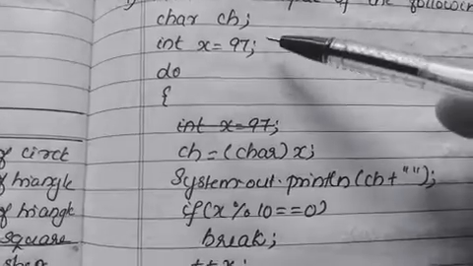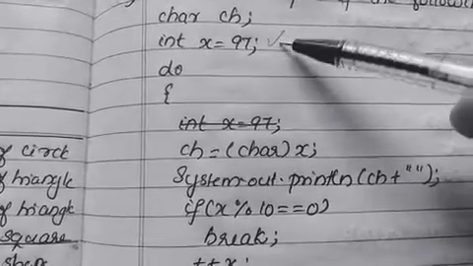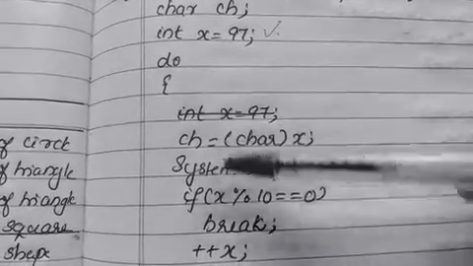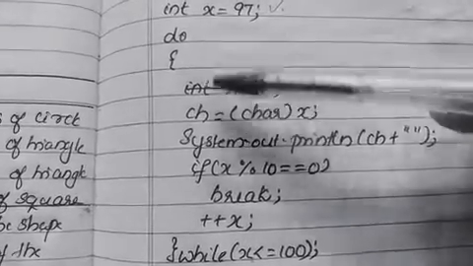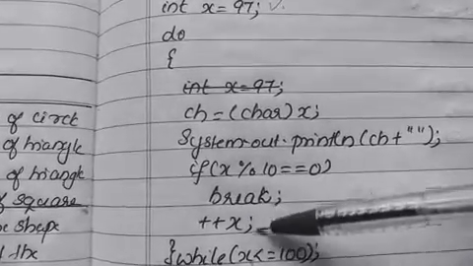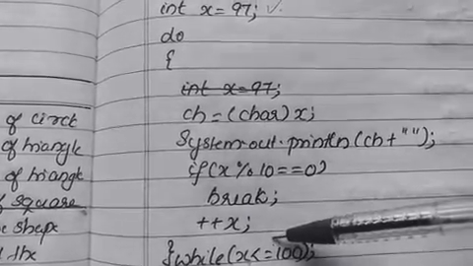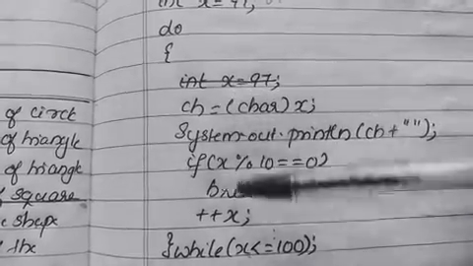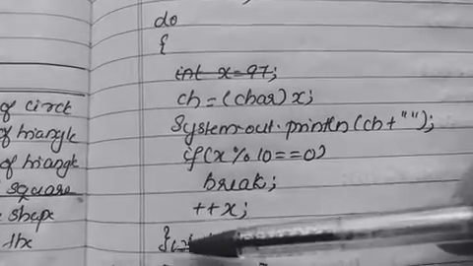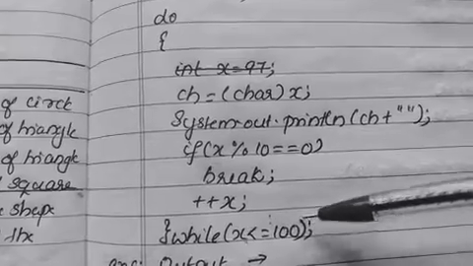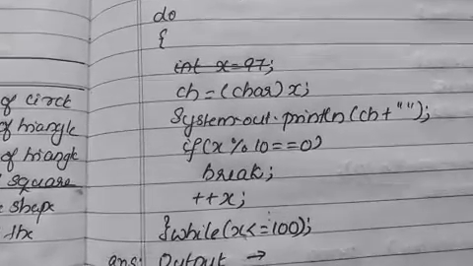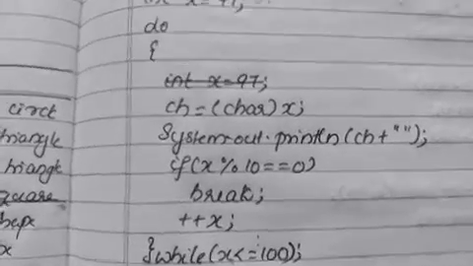Here initialization is over here. This is the initialization of the variable. This is the do while loop. Inside the do loop we have given the block of code to be executed. After the do block we have checked the while condition.